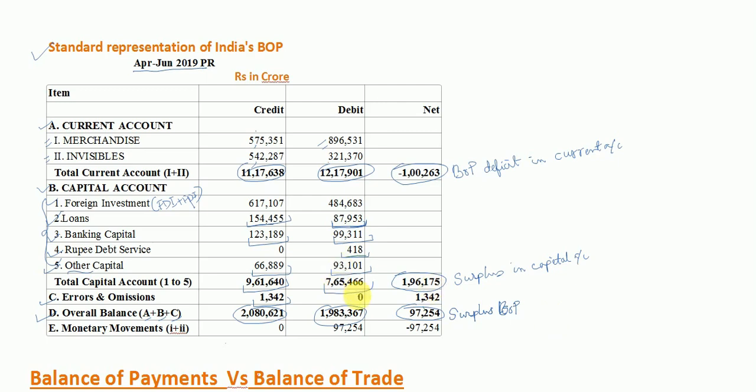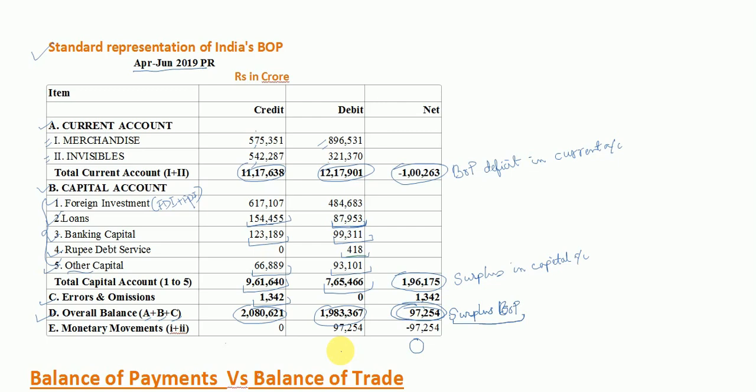Since we have a surplus of ₹97,254 crore, this surplus amount is sent to the foreign countries in the name of outflow of foreign investment or loans, so that the net amount always becomes zero. So this is how the balance of payment is made balanced, whether there is a balance of payment deficit or surplus.